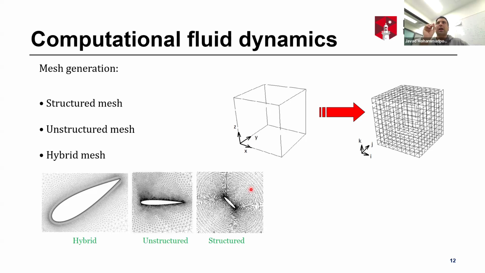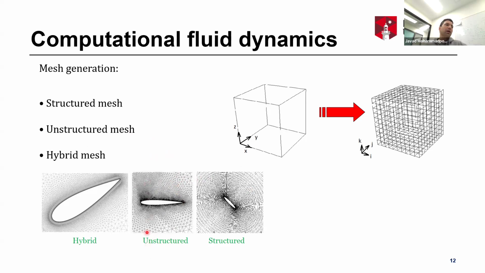It means he selected just one specific pattern to generate the mesh. But for the unstructured mesh, we have no specific pattern to generate the mesh. And you can also see that in the middle.